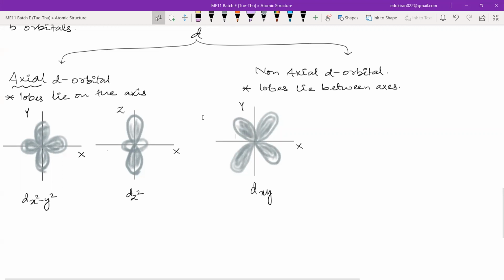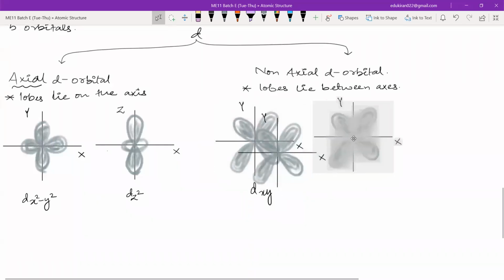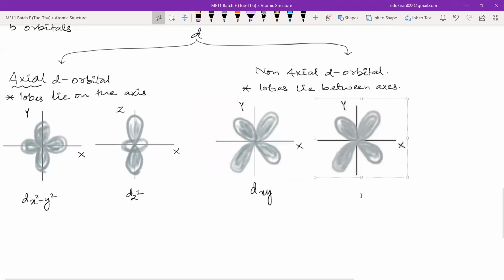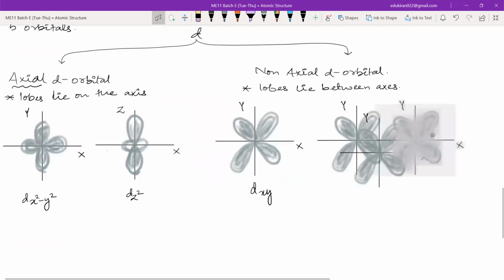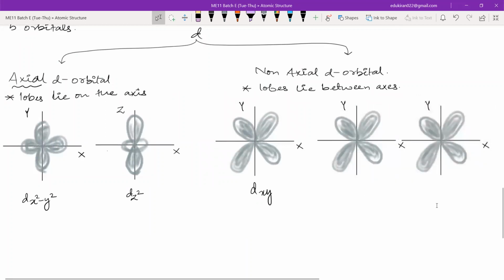Just change the name. So let us say this is the y-axis, this is the z-axis.